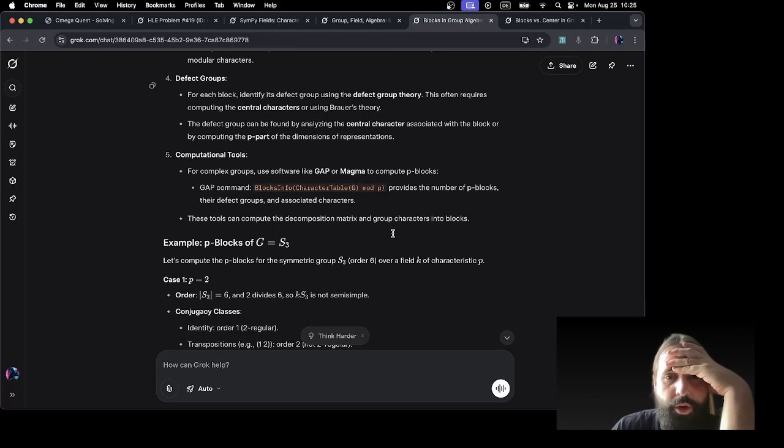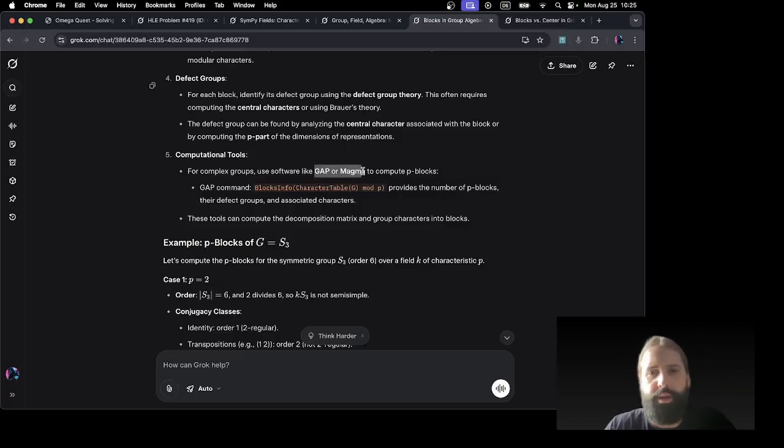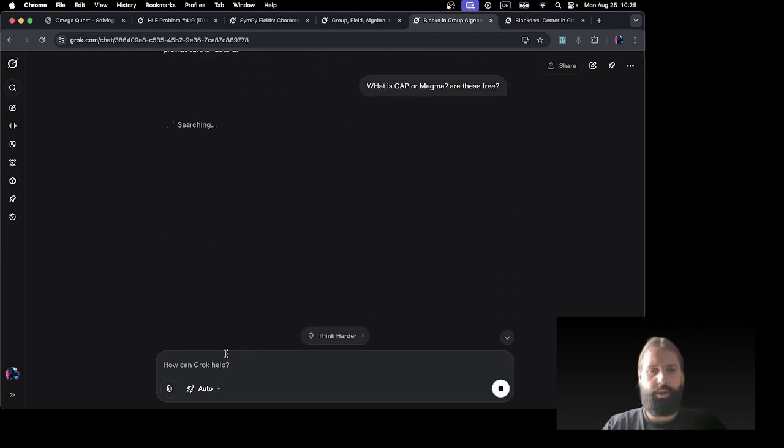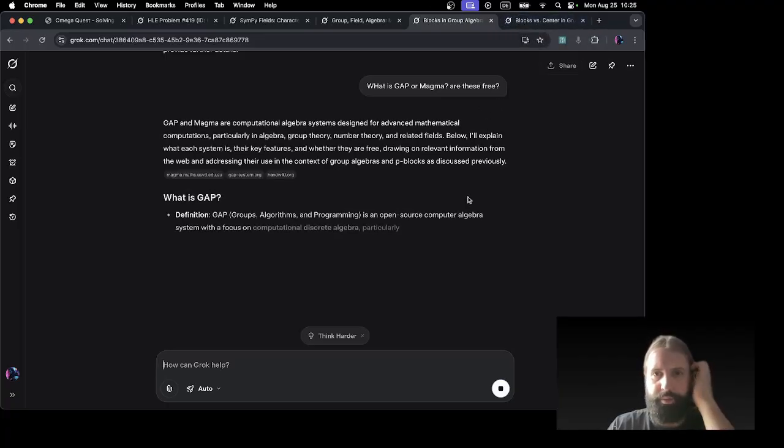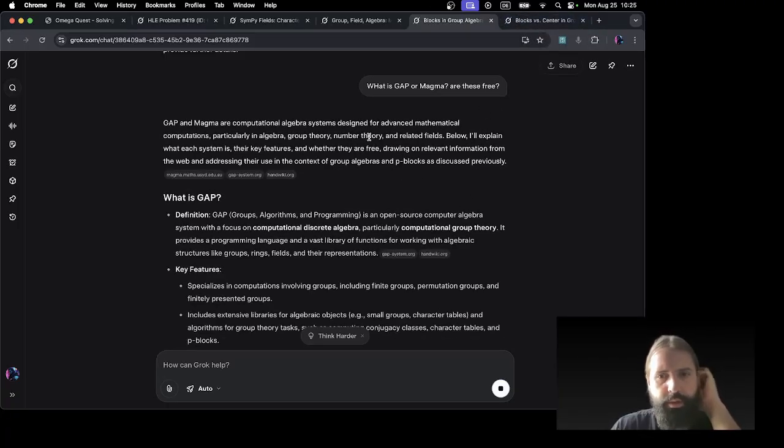Computational tools. For complex groups, use software like GAP or Magma to compute p-blocks. Okay, interesting. So what is GAP or Magma? Are these free? Groups, Algorithms, and Programming is an open source computer algebra system.